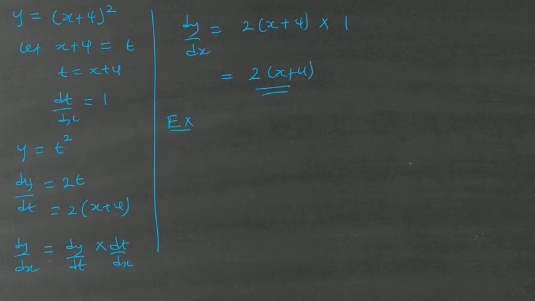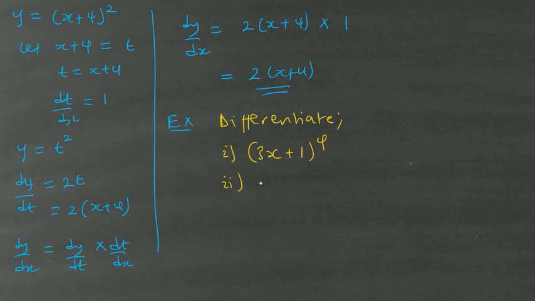Differentiate. Roman numeral 1: (3x plus 1) to the power of 4. Roman numeral 2: (x squared plus 4x) to the power of 7.